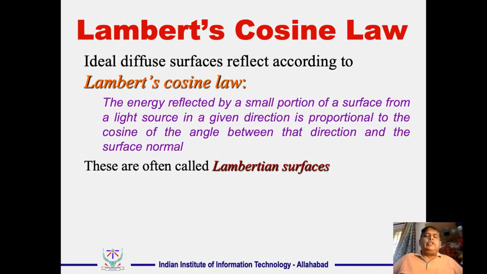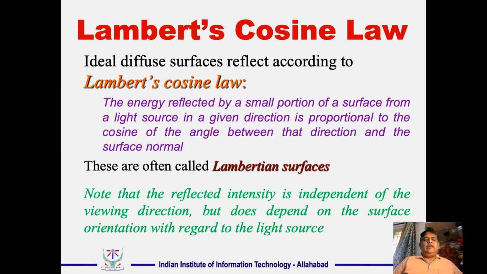The ideal diffuse surface reflects according to Lambert's cosine law, which states the energy reflected by a small portion of a surface from a light source in a given direction is proportional to the cosine of the angle between that direction and the surface normal. These are often called Lambertian surfaces.